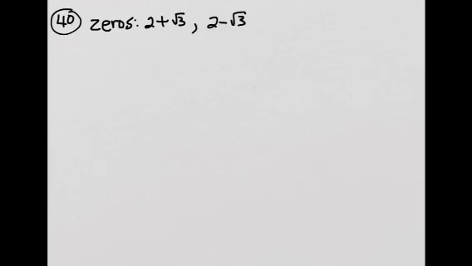So for number 40, you have to find a polynomial with these zeros. It doesn't say anything about a, so we're going to assume that a is 1, since it doesn't say anything about it. So I'm going to set up the polynomial. Remember when you have, and then these are already conjugate pair, right? So you don't have to add the conjugate because it's already there.